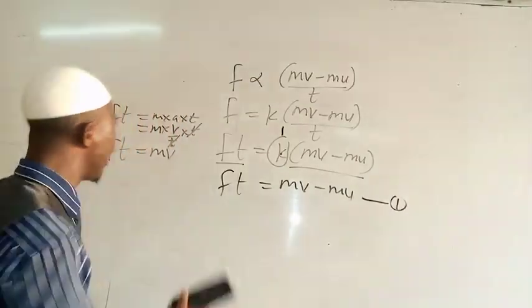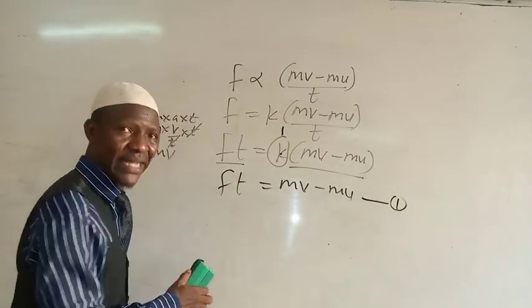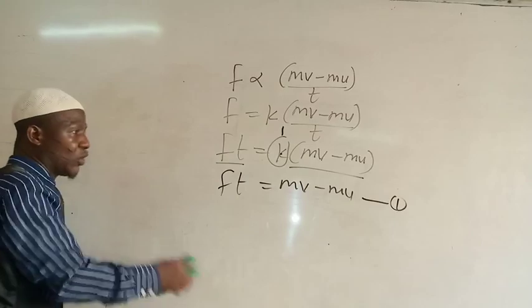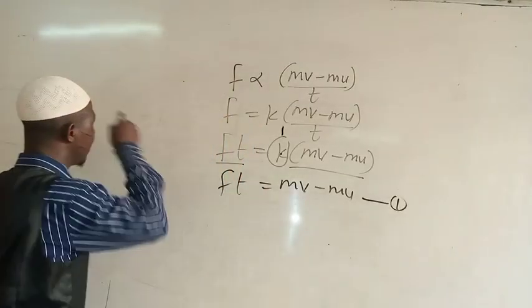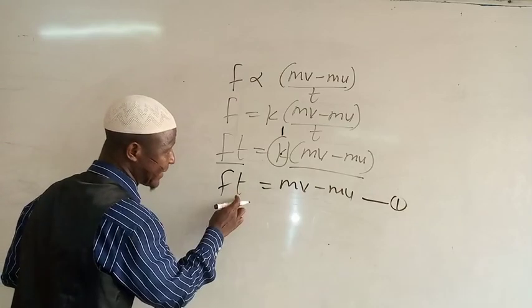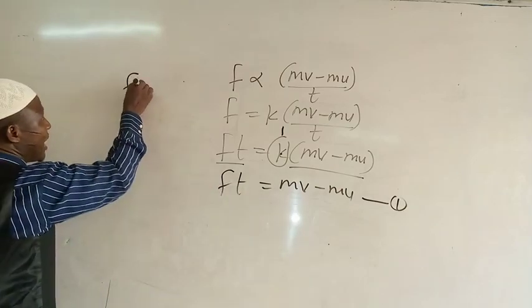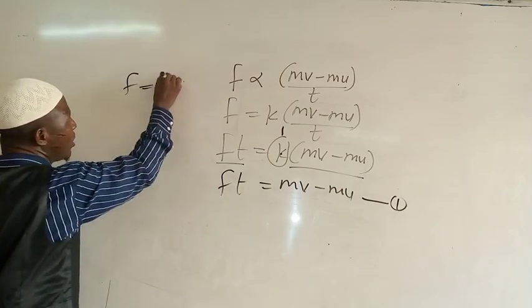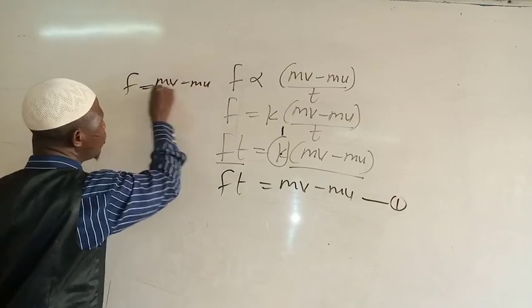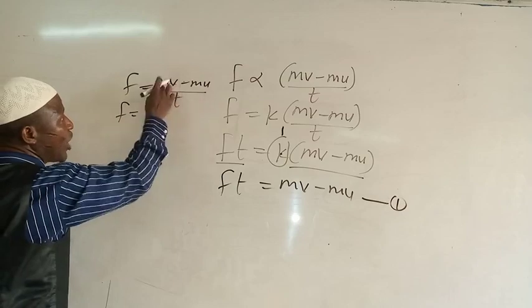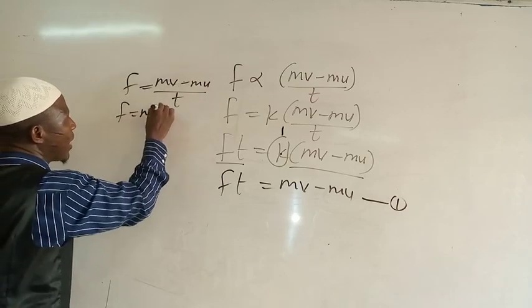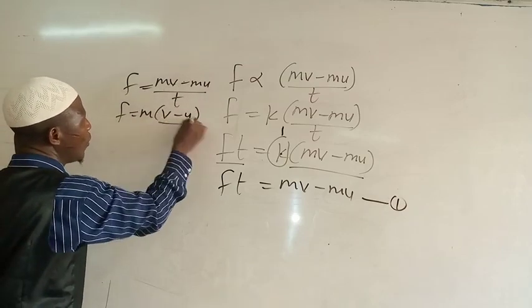Let's go and prove that force itself is equal to mass and acceleration. So we are going to continue from here. From this same equation, we now divide both sides by t. Therefore, we have F is equal to mv minus mu over t. Therefore, F is equal to, factoring m out, m(v minus u over t).